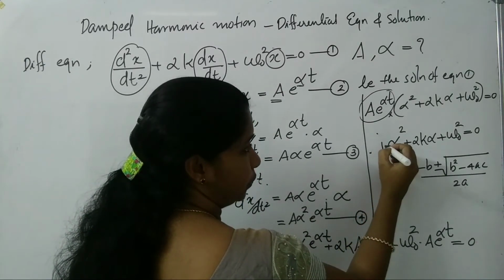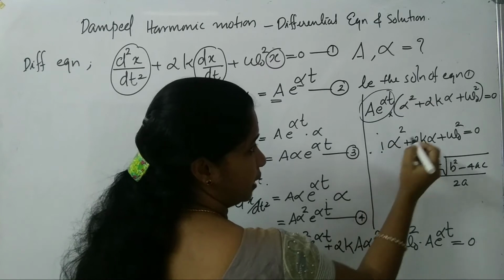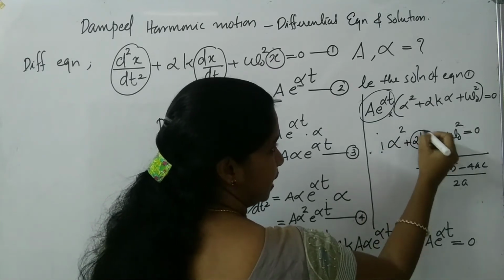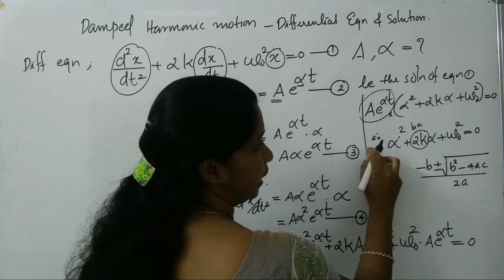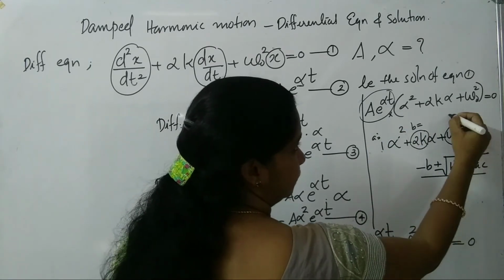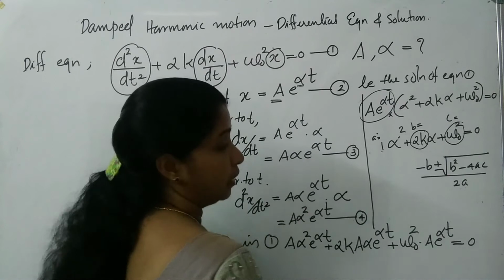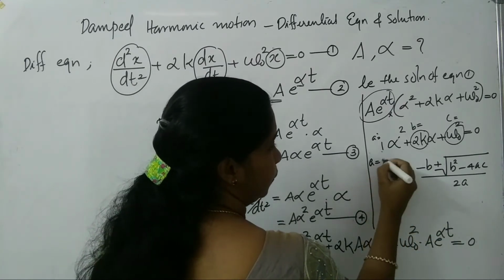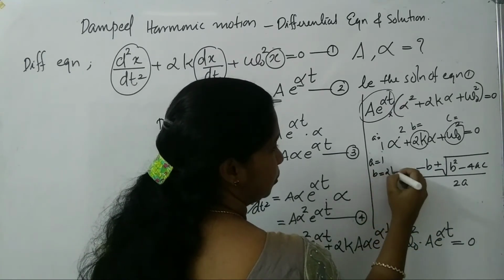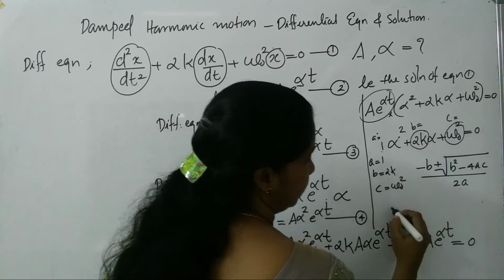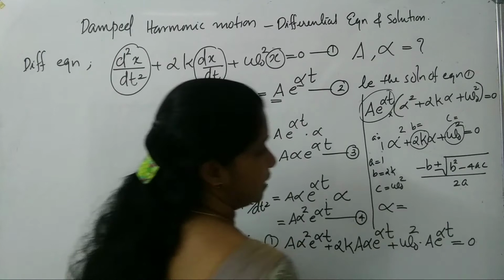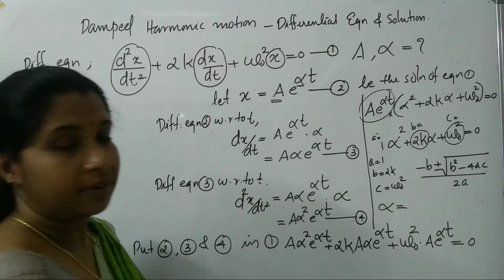A is equal to 1, the coefficient of alpha square is 1. This is b, this is a, and this is c. So here we get a is equal to 1, b is equal to 2k, and c is equal to omega 0 square.